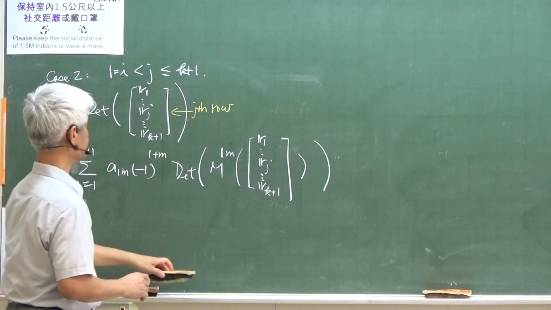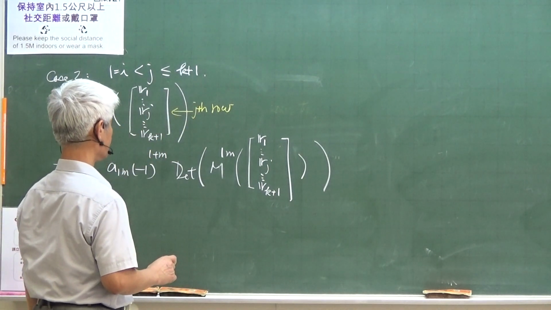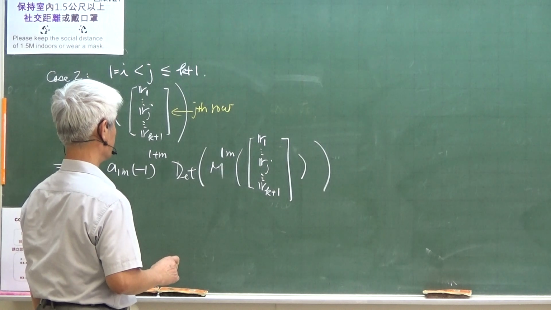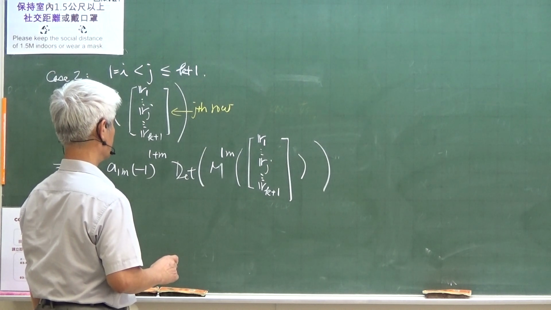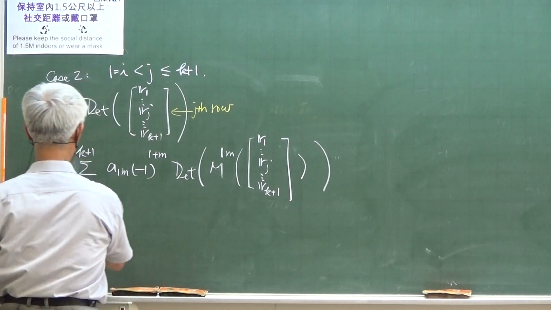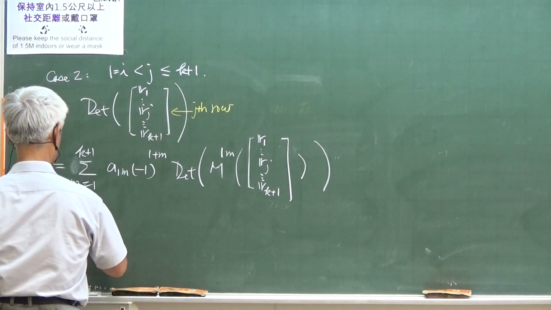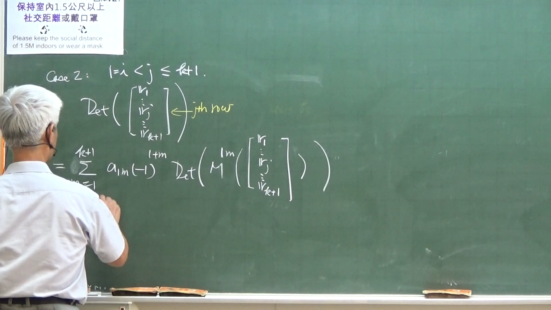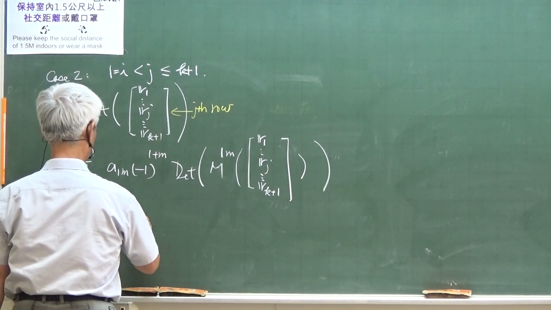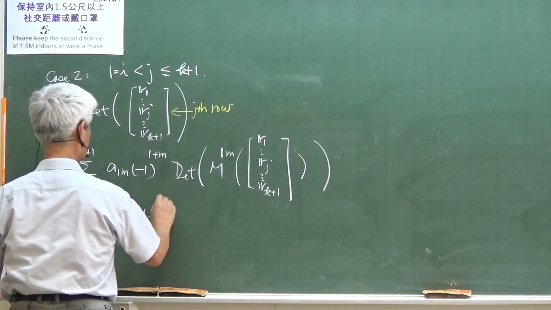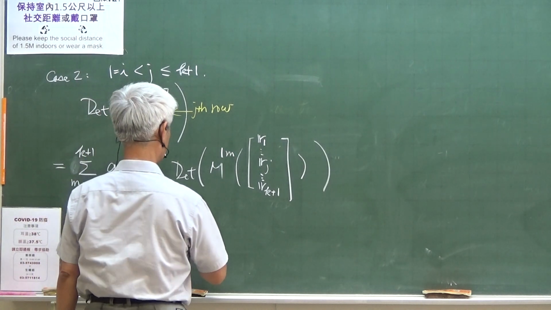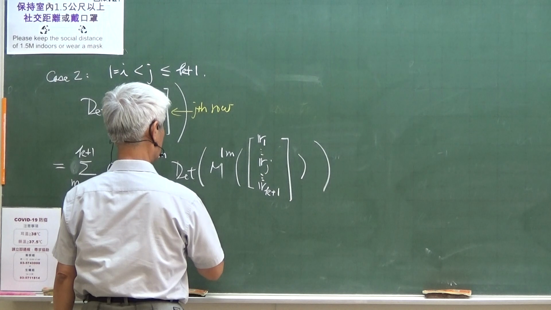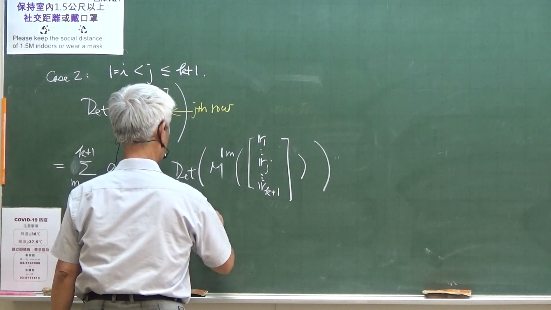There are two ways to do it. k plus 1 and a1n, minus 1, another determinant.